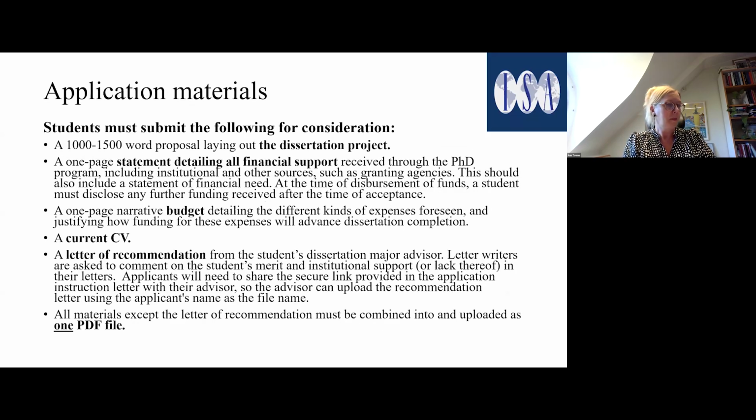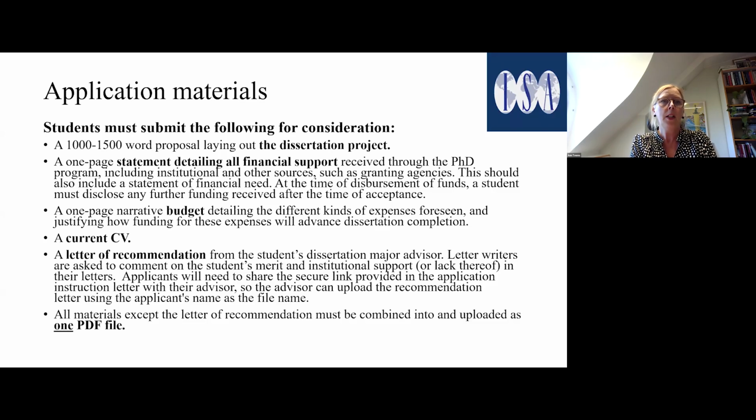Application materials now. To submit your application, you must submit the following, and it consists of a few different things. A proposal, first of all, that lays out the dissertation project, and that should be 1,000 to 1,500 words, which is roughly 2 to 3 pages typically.